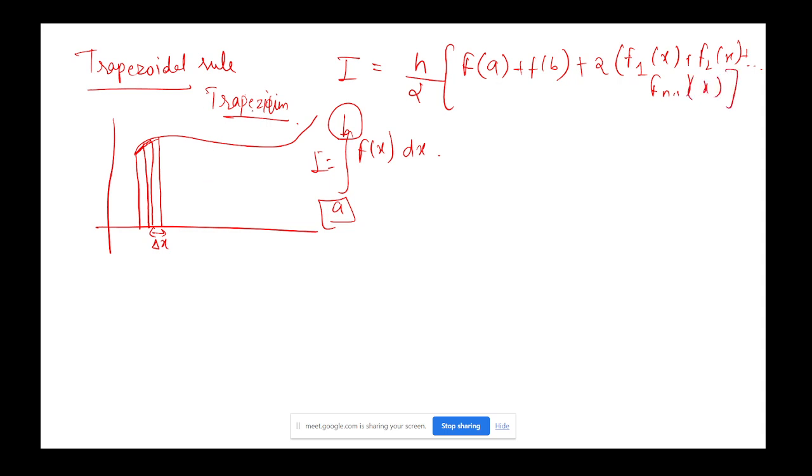All these intermediate points are f1 to f(n minus 1).